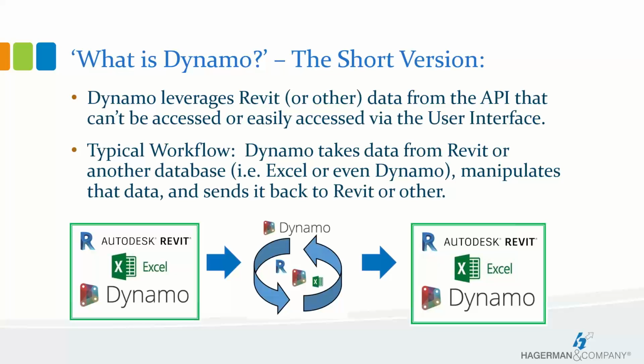So in a typical workflow, Dynamo is going to take data from some database source like Revit, Excel, or even Dynamo itself, then manipulate it in a meaningful way, and then push it back to some other desired output.